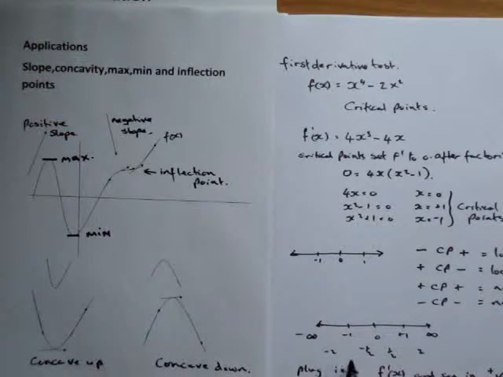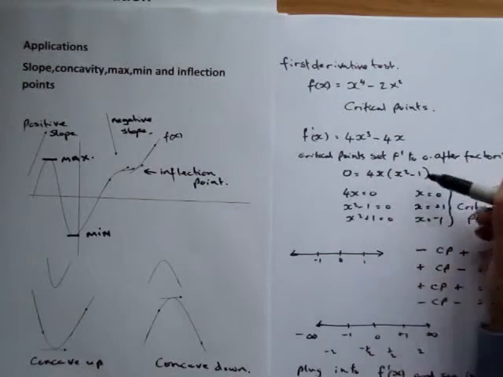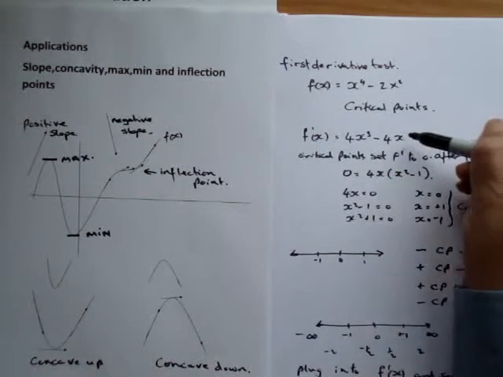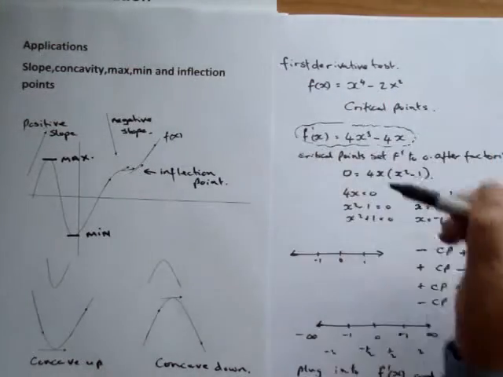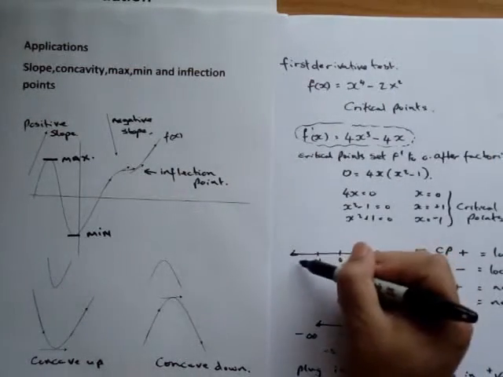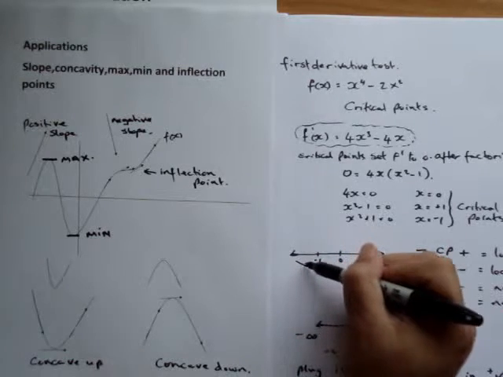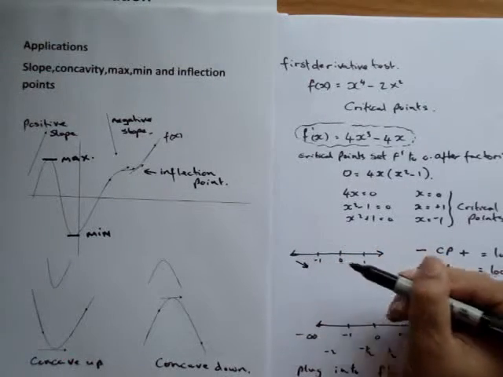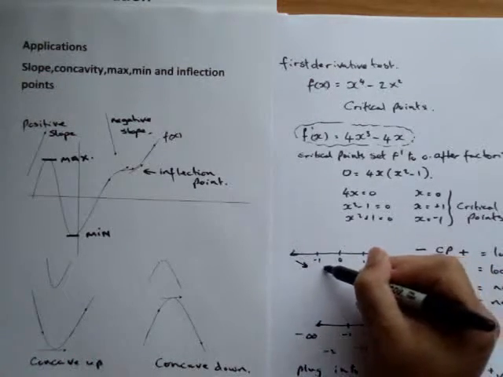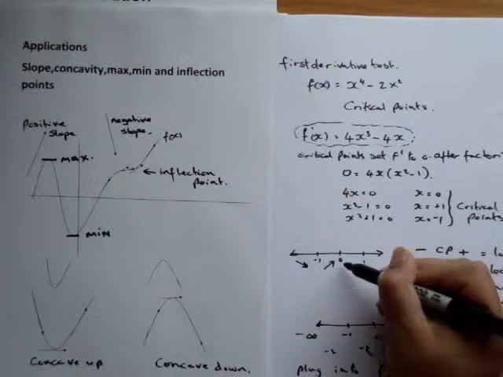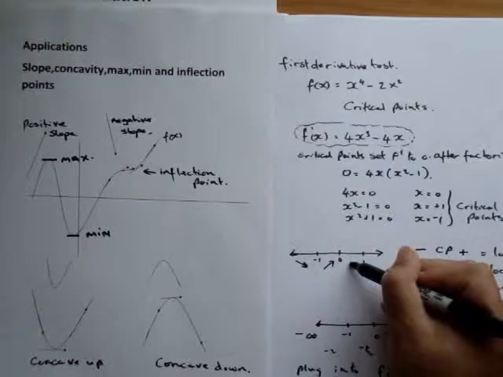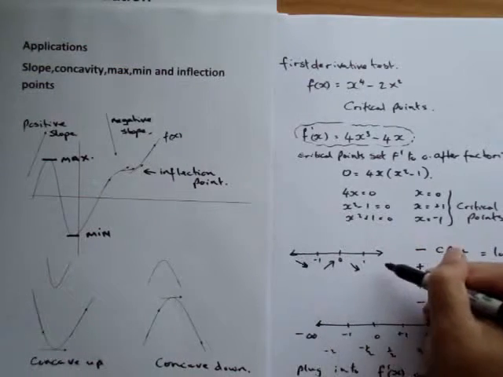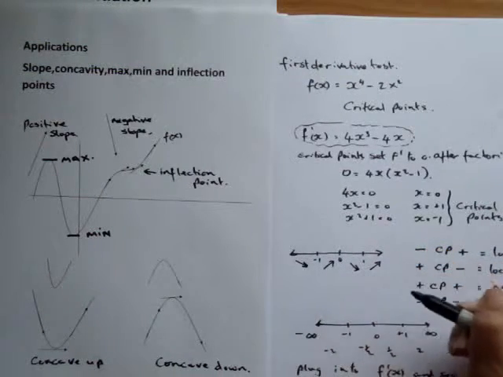When we put in -2, -half into our derivative, f dash of x, first of all we get a negative, so we do a downward arrow, then we get a positive, at 0 it's 0, then we get a negative, and then we get a positive.